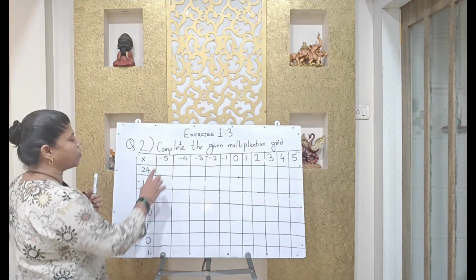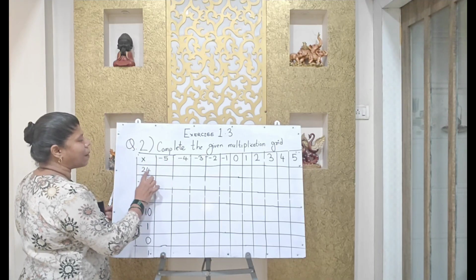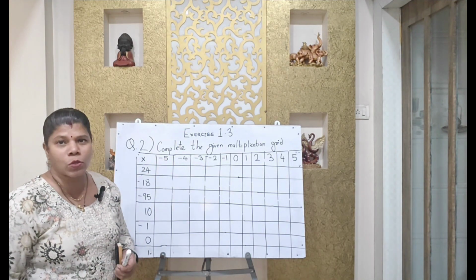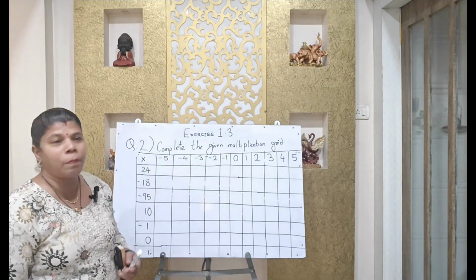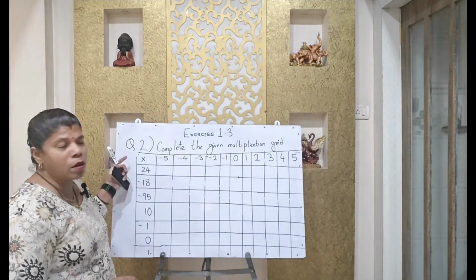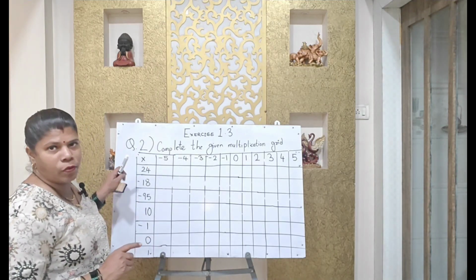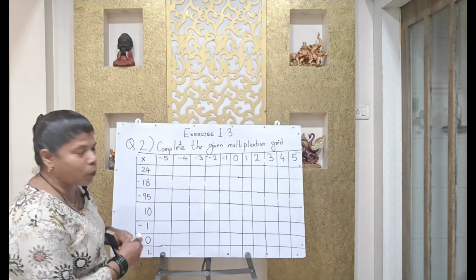How? Now see, minus 5 multiplied by 24. If you know the table, it is quite easy to solve this. If you don't know the table, just do the working here and then write the answer. First, I'll do the working here to help you and then we will do it directly.